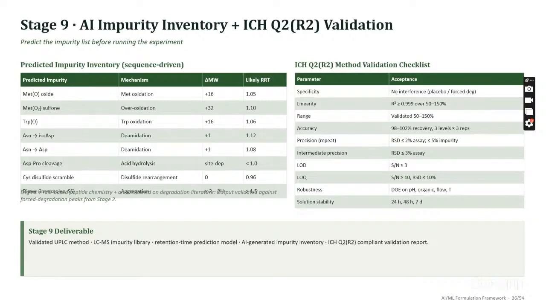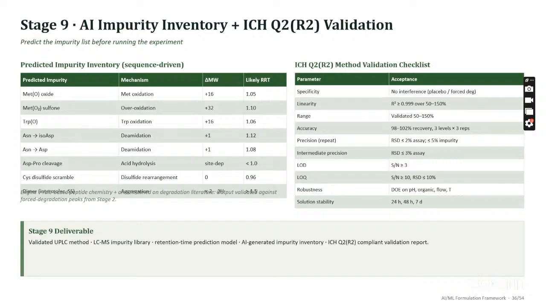It will tell you whether the peak is an API peak, a plasticizer peak, or a polymer peak, based upon the molecular weight. Based upon the molecular weight, it will give you the impurity profile.